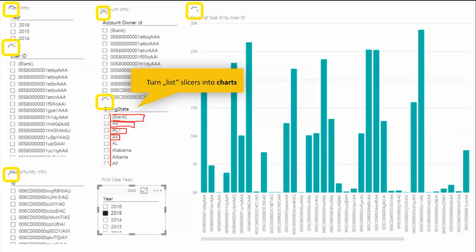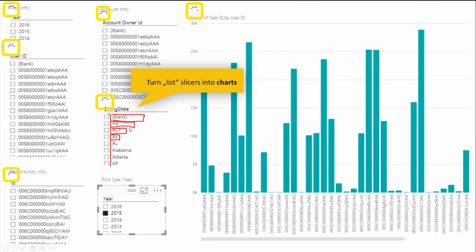So it's not exactly the same, but if you just replace the list slicers with a chart, like a vertical chart, then it will still function as a slicer, but then in the same space, the user will understand how important each country is.